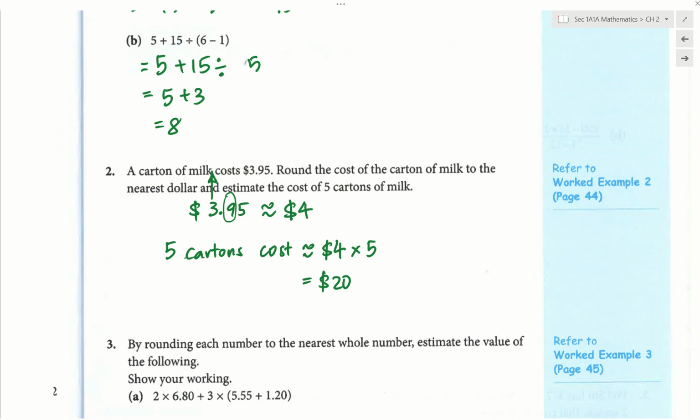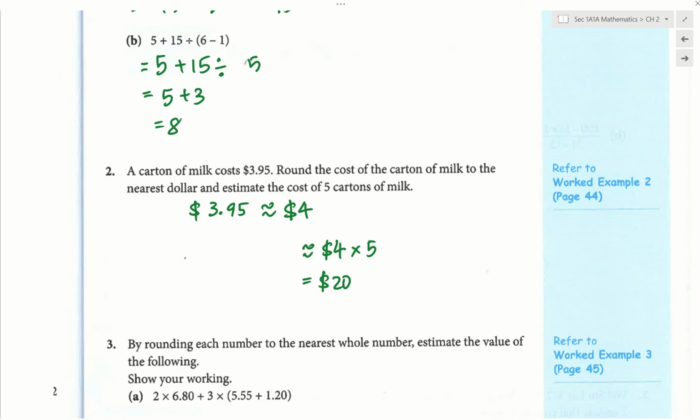Okay? For example, if your answer is like this, and during the test I'll be wondering, this student, is he saying that $20 is the cost of one carton? Is this student saying that $4 is the cost of 5 cartons? To you guys, obviously not lah.